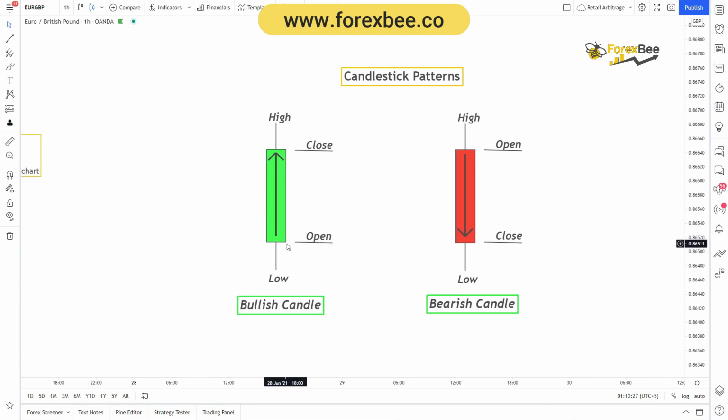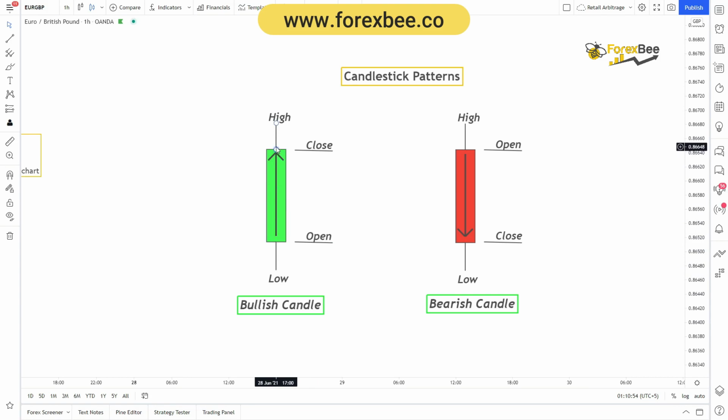Now this point here is the open. So what happened here is the candlestick opened here, started at this price, and then it moved downward and reached this level. Then it retraced back to this level and started moving upward, okay?